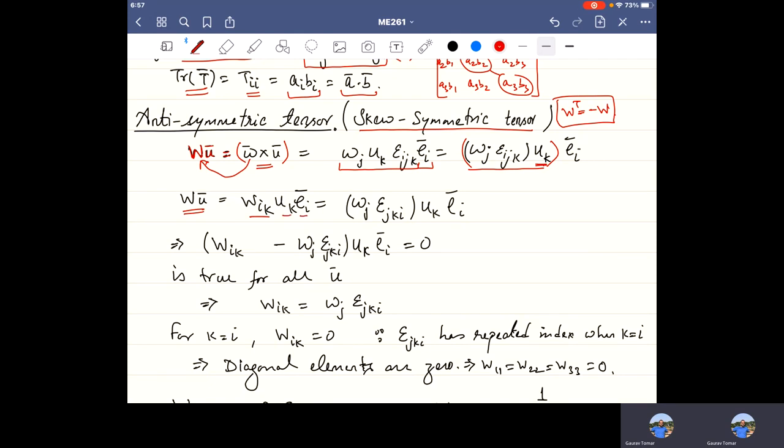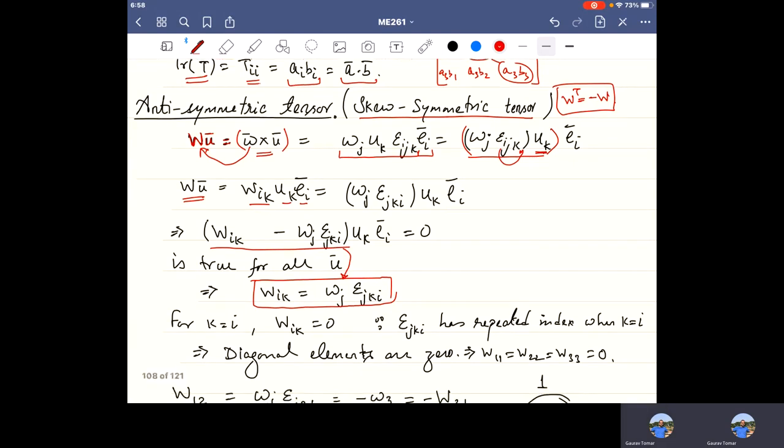So from here you can say that your Wik would be given by wj epsilon jki. So why did we write jki? Because we can use the cyclic rule and send the i back. You will get jki at the end like this. You can also write this as ijk.